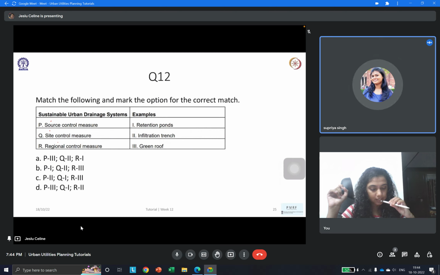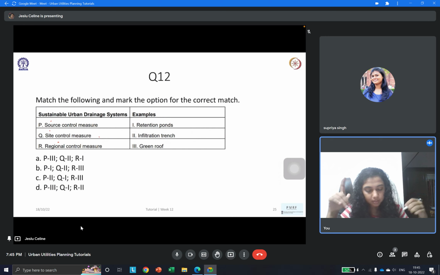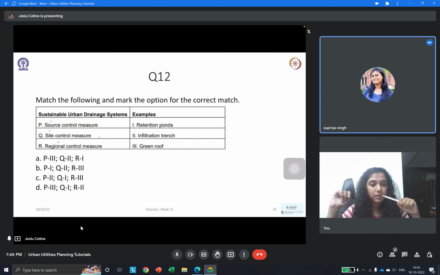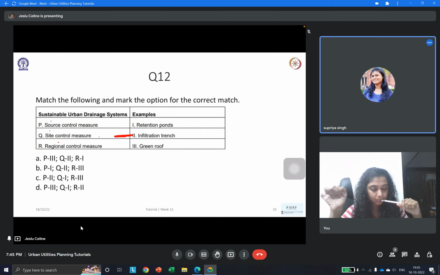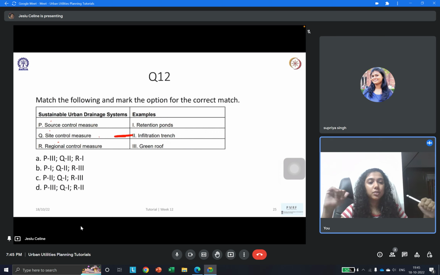Source will be retention pond, I am not sure. Okay, let's go to the next one. What will be the site control measure? Site control can be infiltration trenches. Okay, fine. So site control measure is infiltration trench, and regional control measure can be green roof. Okay, so can we install a green roof in an entire region?